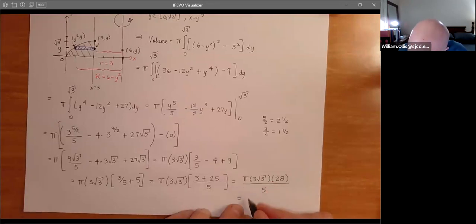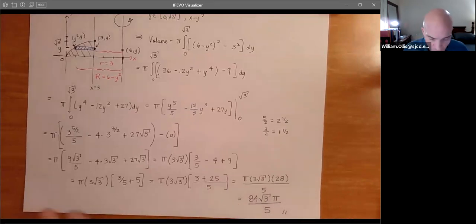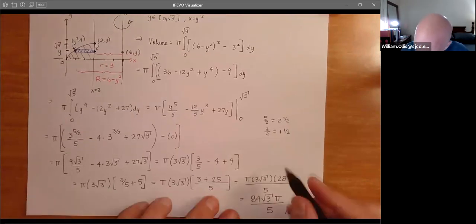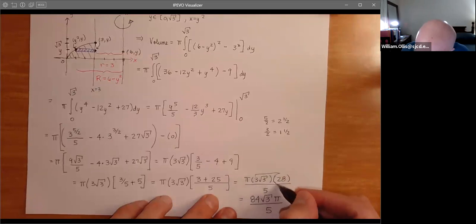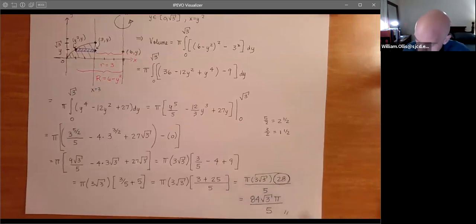That'll give us an 84, right? So 84 root 3 pi over 5. So when we look at this problem, again, I set it up so we can multiply this easily. So that's just 90 minus 6, which is 84. Then we have the root 3 pi over 5.